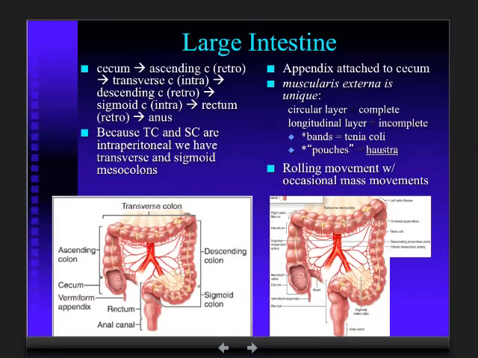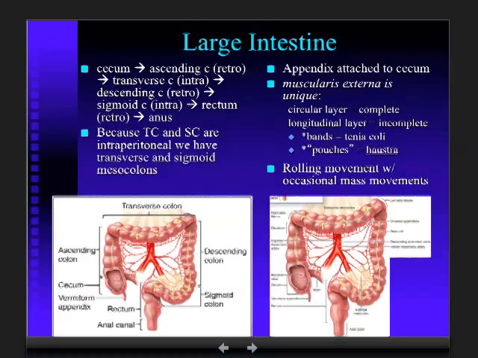But the outer longitudinal layer does not cover the full circumference of this tube. Instead, it's gathered up into three long ribbons called the taenia coli, and taenia means ribbon.